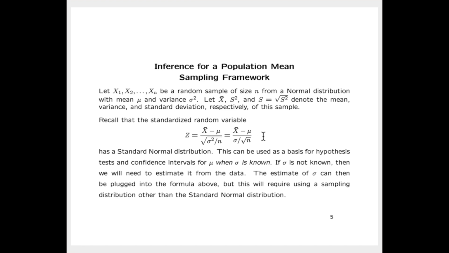But if we do that, then this expression, this random variable, with sigma hat substituted in for sigma, would no longer have a standard normal distribution. But for now, we're going to just assume for the moment that sigma is known. So that's the sampling framework that we're working with. We're sampling from a normal distribution. We're assuming that sigma is known, and we'll generalize that a little bit later.